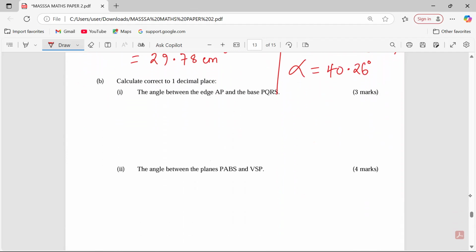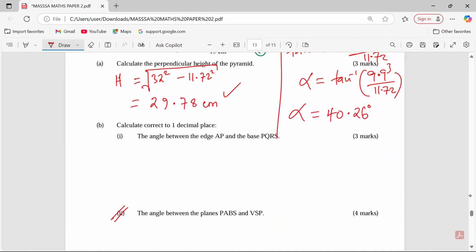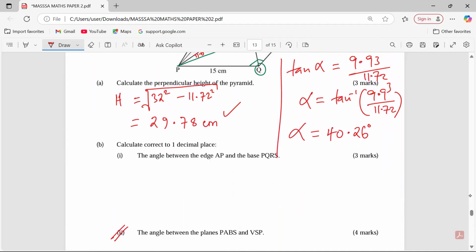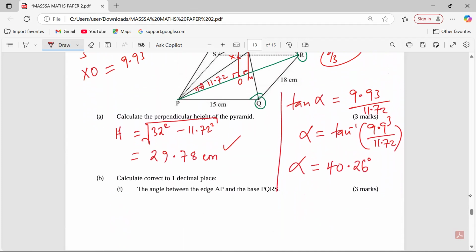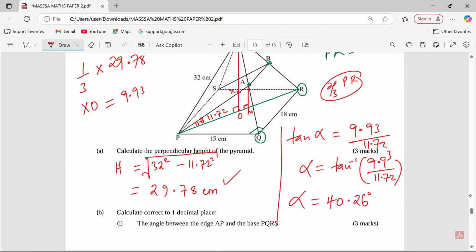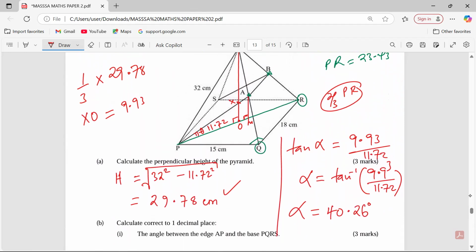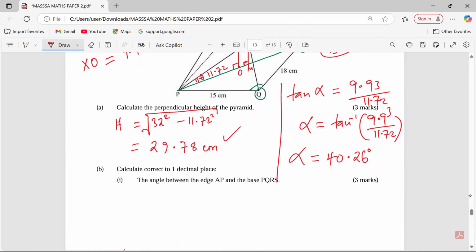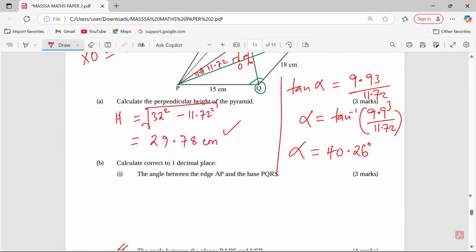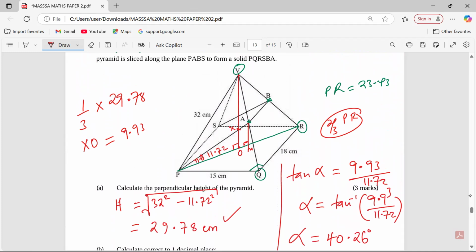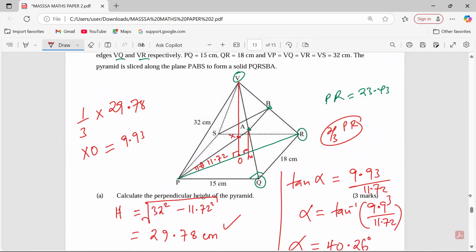Then finally, in Roman 2, the angle between PABS, let's look at that. PABS, the plane there, and VSP.